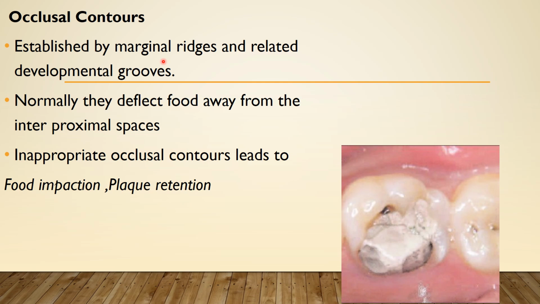Normally they deflect food away from the interproximal spaces. But if there are inappropriate occlusal contours, as you can see in this picture, there are no proper marginal ridges and no developmental grooves as in the normal case. So with inappropriate occlusal contours in the preparations and restorations, this always leads to food impaction and plaque retention.